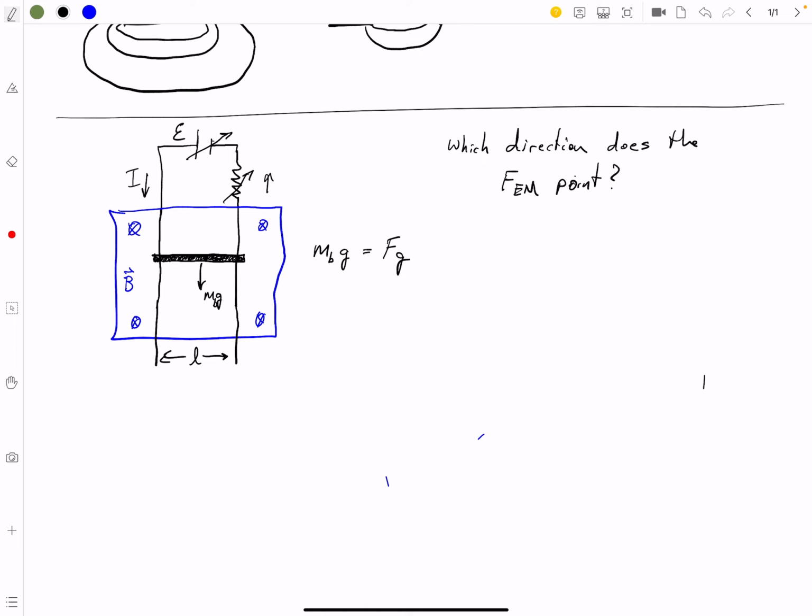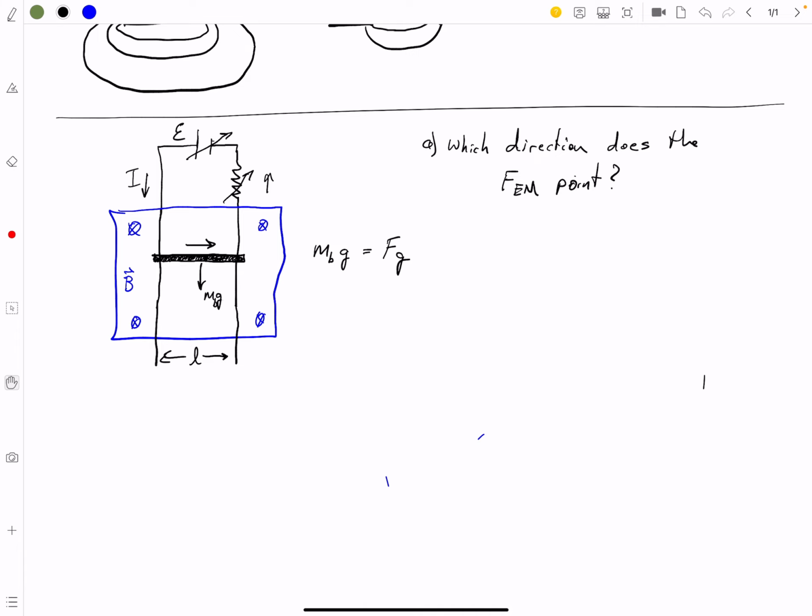Which direction? We can call this A. Which direction does that F_EM point? Well, where's our current going? Our current is going this direction.